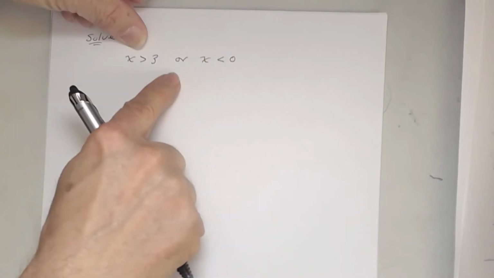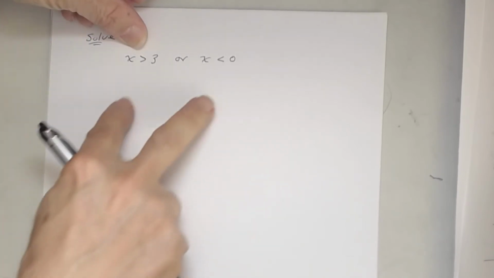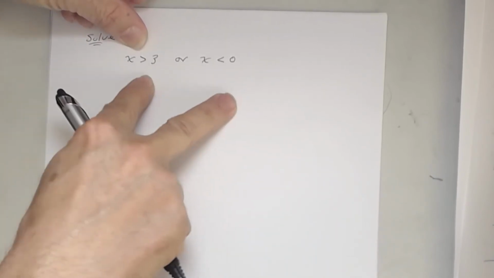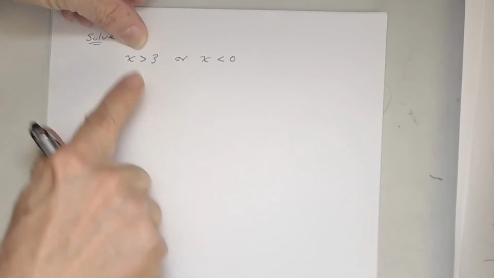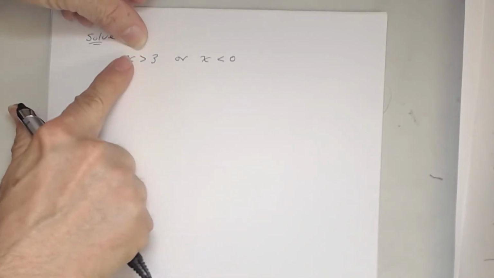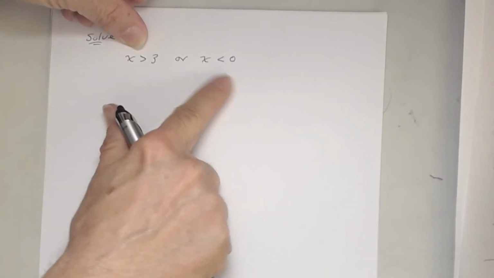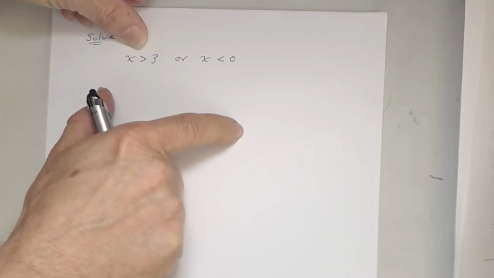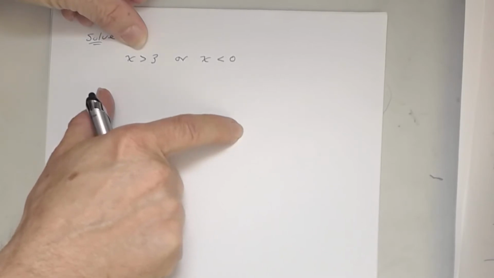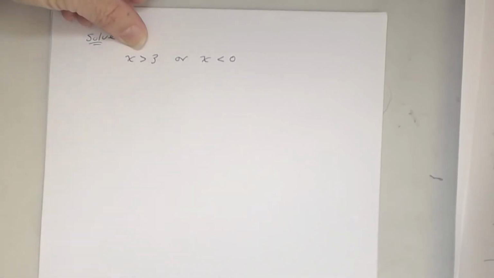But remember, this or statement means this. The solution to this inequality has to satisfy either this or both. Okay? It satisfies one, so is it a solution to that compound statement? Yes.